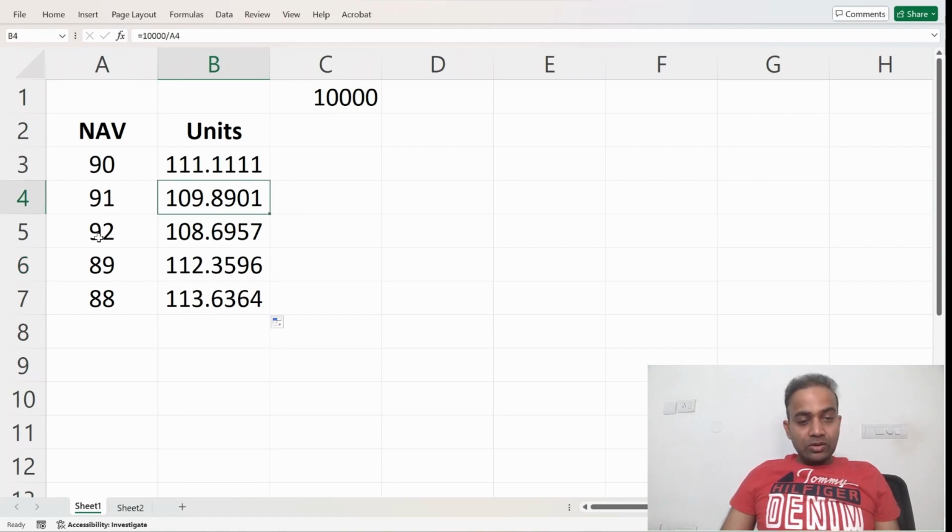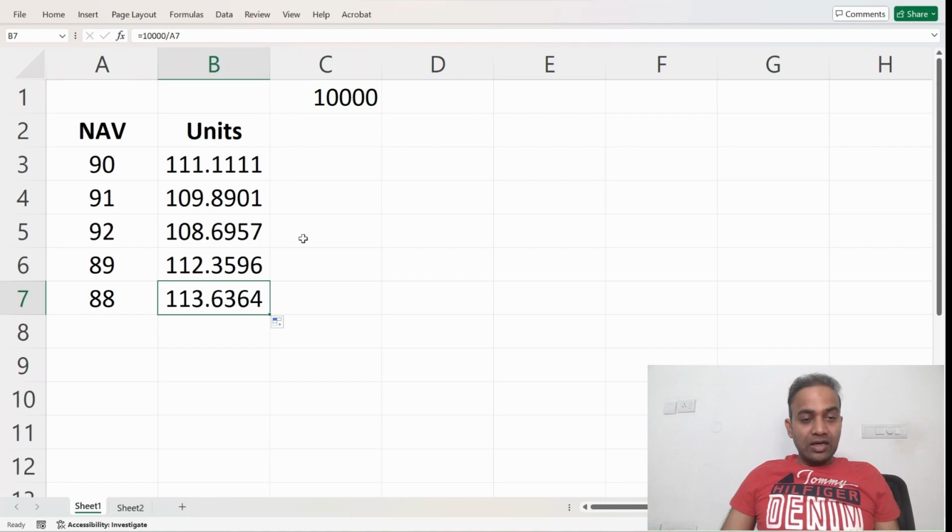So what you see here is that when the market falls, it's actually good when you're doing SIP because you're getting more number of units. So if you get more number of units and when the market goes up, your investment portfolio will increase faster, and your costs get averaged out with the market ups and downs.